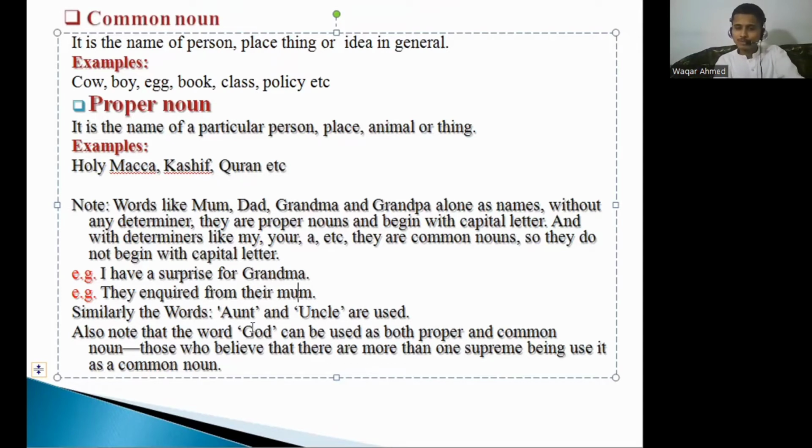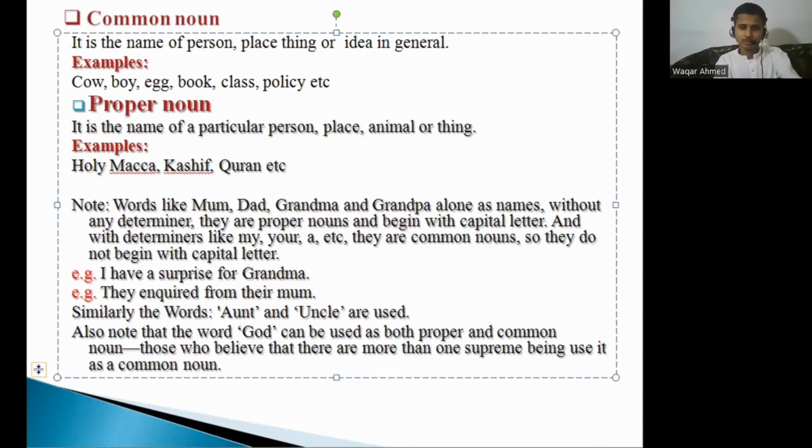And so for Muslims, this word is a proper noun, and so it begins with the first letter in uppercase, like God I have written here. But for those who believe in more than one supreme being, who are polytheists actually, or pagans, they treat the word God as a common noun. So this noun begins with the first letter small.